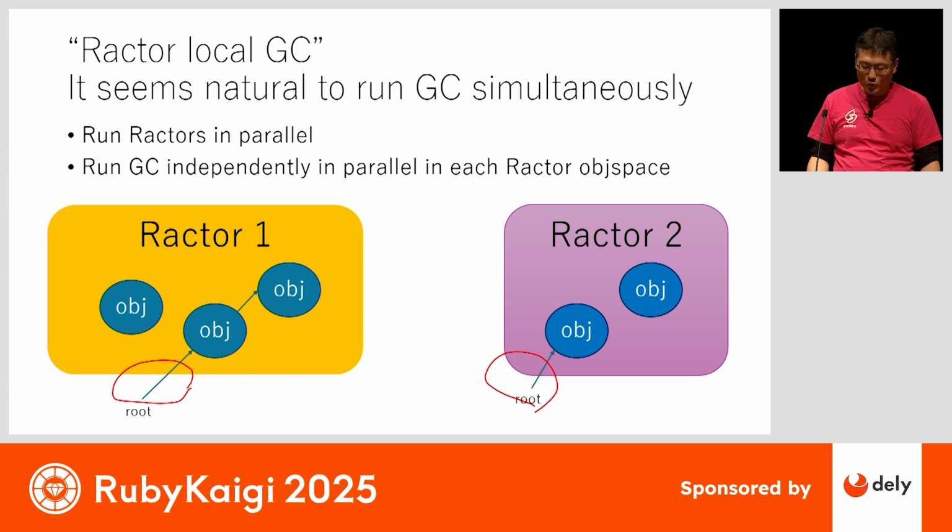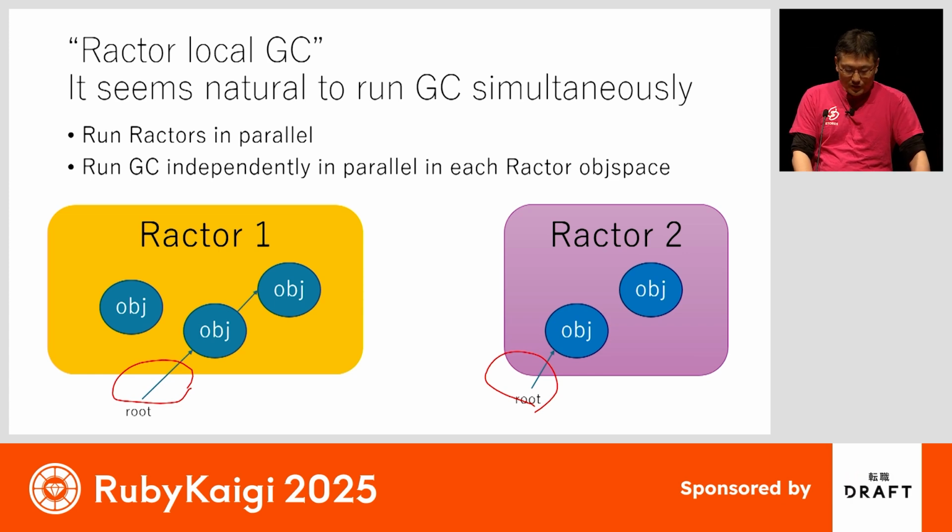This idea, what we call Ractor local garbage collection, is what I want to propose today. On the surface, it seems like a very natural optimization, not a strange one.